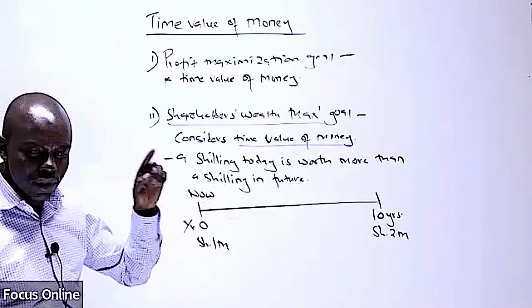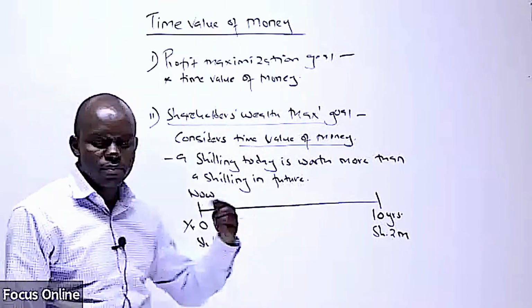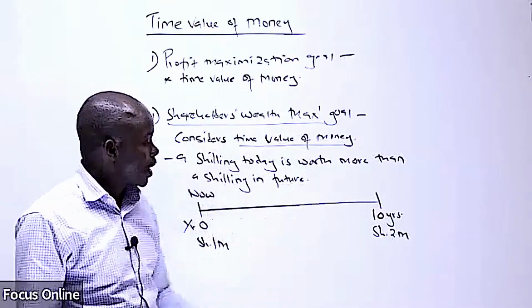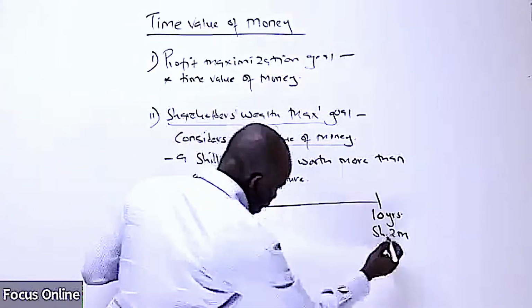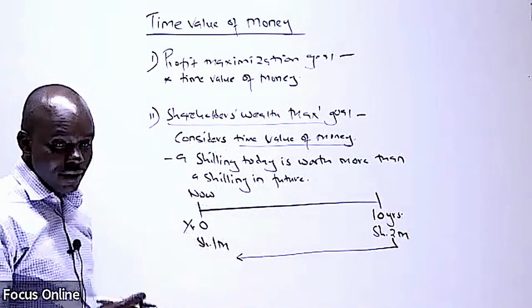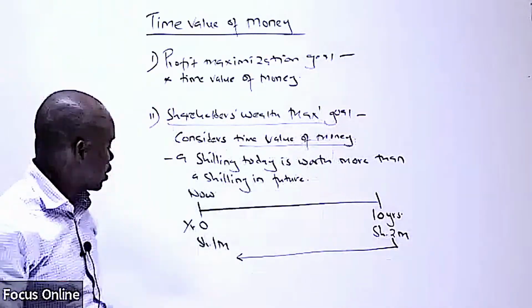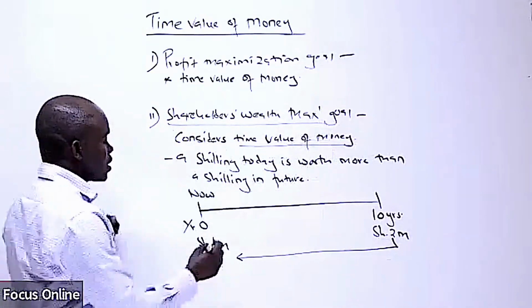You said you would rather go for the 1 million, because it may be if you determine what is the present value of 2 million shillings expected in future, because remember, this 1 million is in present value terms.